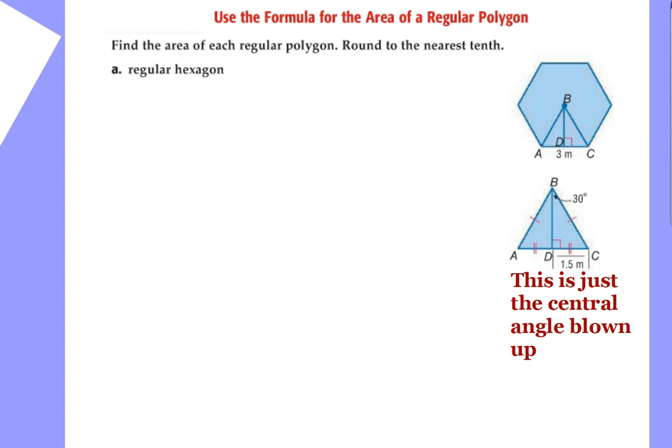Let's break this problem down a little before we go any farther. Remember, these two radii are congruent to one another. I need to know what the value of the apothem is. Remember, our area formula is equal to half of the apothem times the perimeter, or half of the apothem times the number of sides times the side lengths.